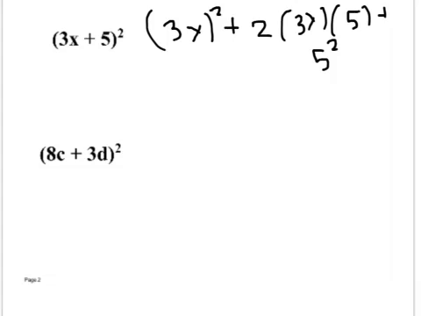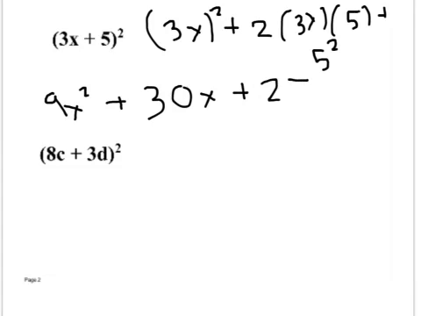Now we go ahead and just work it out. 3 squared is 9, x squared is x squared, so 9x squared. 2 times 5 times 3 times x is 30x. Plus 5 times 5, which is 25.